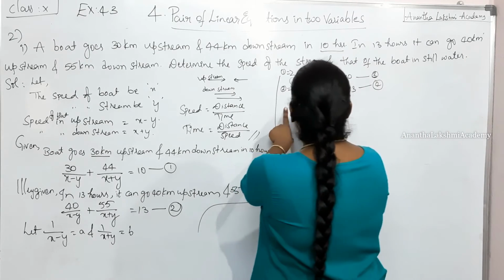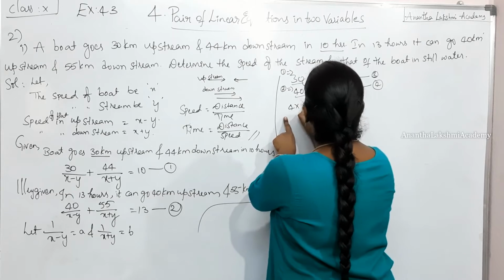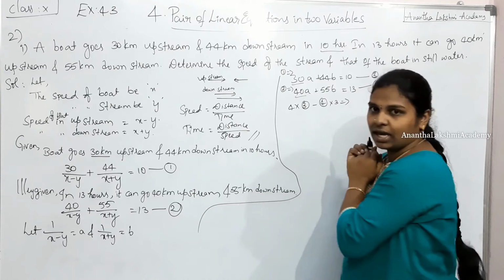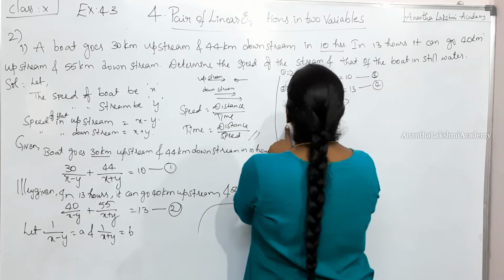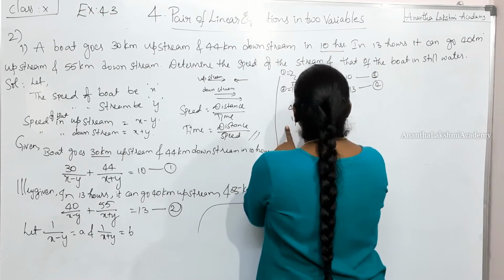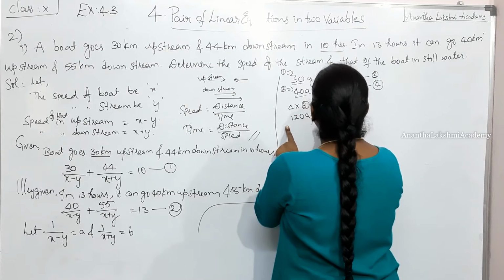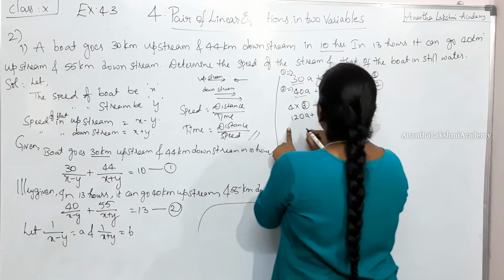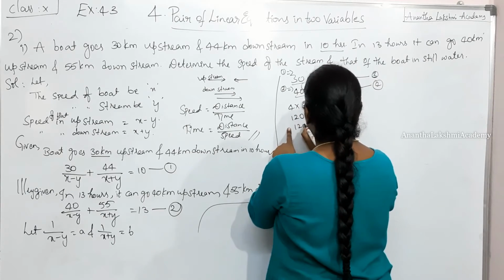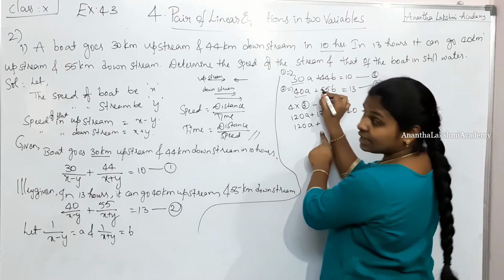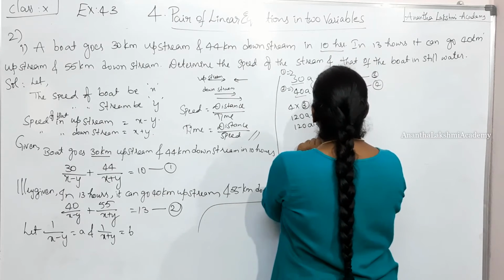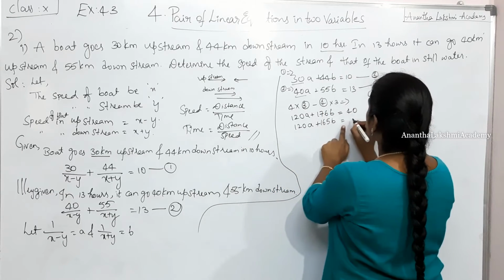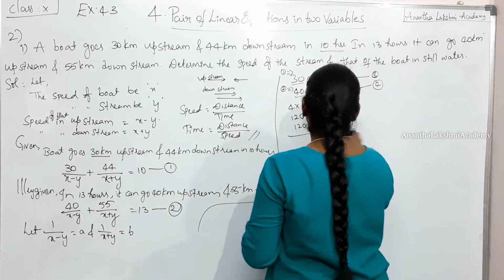Now I am going to multiply equation 3 by 4 and equation 4 by 3. What is going to happen? 4 threes are 120a plus 4 forty-fours are 176b, and 120a plus 3 fifty-fives are 165b, equal to 3 thirteens are 39.